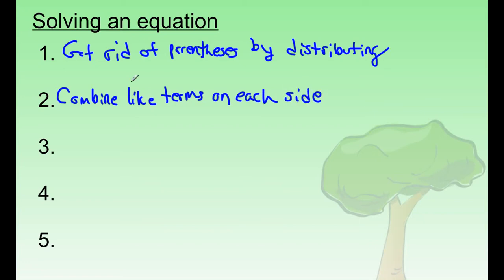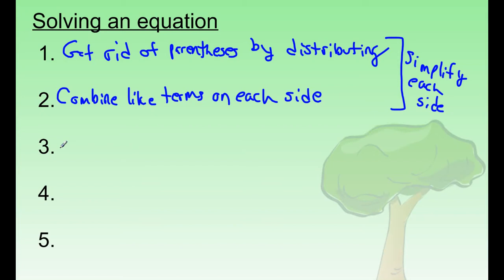And if you remember from the previous lesson, these first 2 steps basically come down to simplify each side. So you make each side as simple as you can before you start solving, just to make your life easier, so there's less stuff to worry about. So that's basically what those first 2 steps come down to.